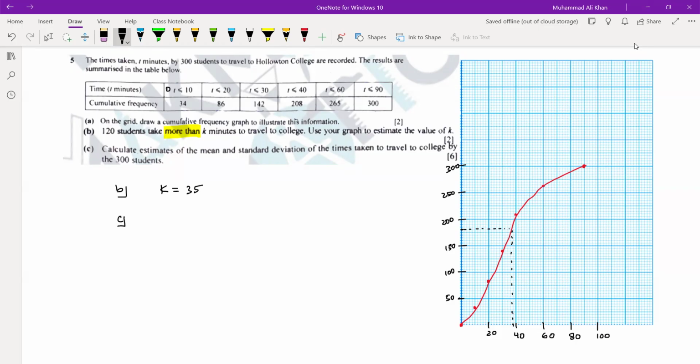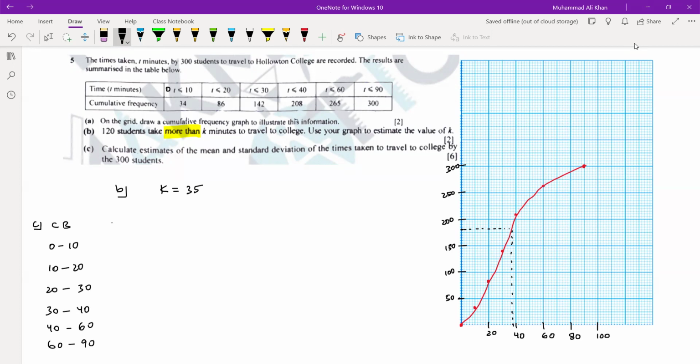After that, in the C part, calculate an estimate of the mean and standard deviation of the time. It's a question of 6 marks. So for mean and standard deviation, what do we have to do? First of all, we have to make a column of class boundaries: 0 to 10, then 10 to 20, then 20 to 30, then 30 to 40, then 40 to 60, and then 60 to 90.